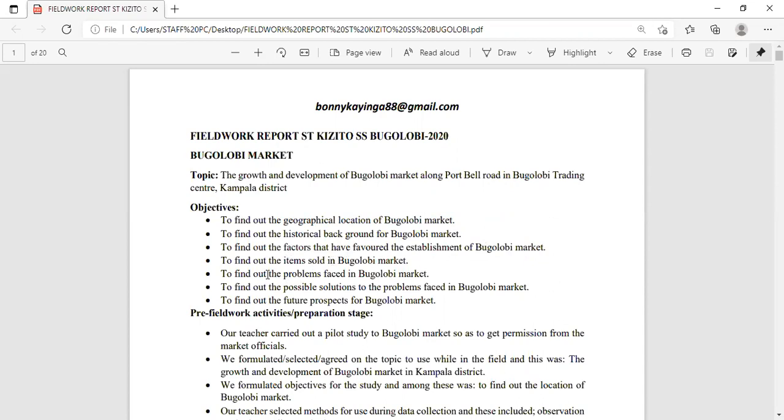Now when you reach here, the last three are problems, followed by solutions, followed by future prospects. Are you seeing that order? Now here, what I can guide is that never give only the number of marks allocated as objectives.